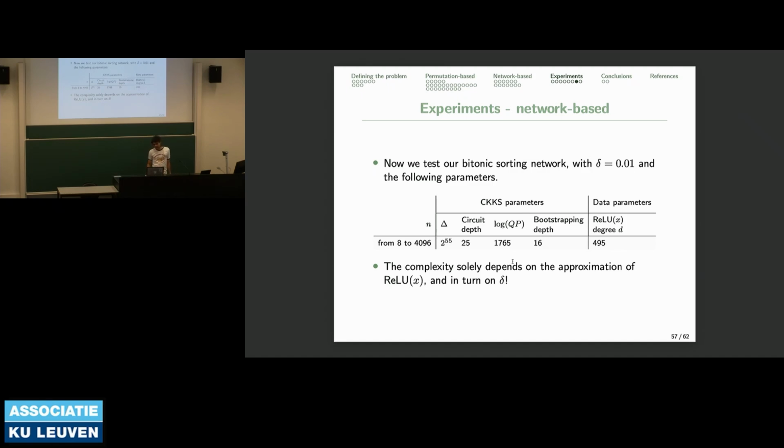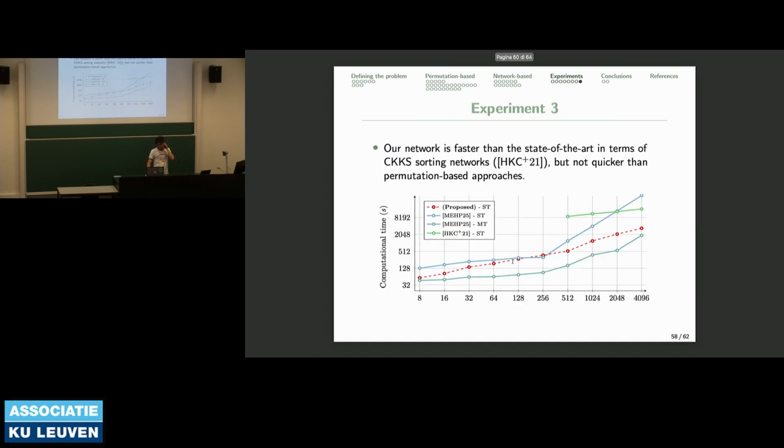The thing that is a bit boring in this setting is the bootstrapping, because we always have to run this bootstrapping after each layer. And in fact, if we look at the performance now, our circuit is the red one, and it is not better than the MIHP permutation-based one.